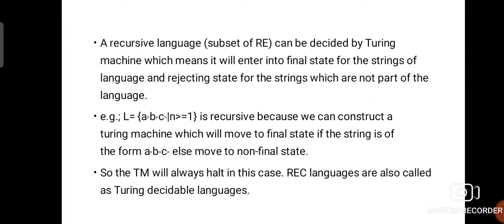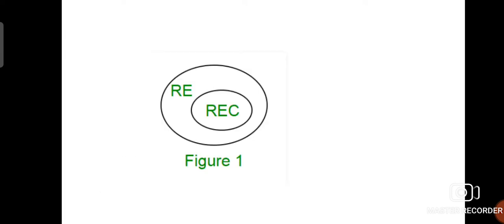So languages of this kind, like a power n, b power n, c power n, with the same number of input symbols of different categories, can be accepted by the Turing machine. So the recursive languages are otherwise called Turing decidable languages. We can see in this diagram that all the recursive languages are recursively enumerable languages.